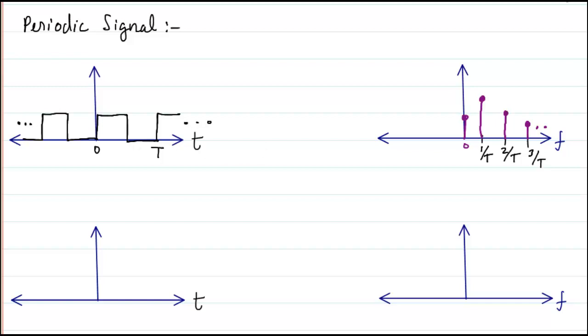Now as I have already told you that it will have negative frequencies also, so the same mirror image will be there even in the negative axis. So this is going to be minus 1 by T, this is going to be minus 2 by T, this is going to be minus 3 by T, and like that it will go.